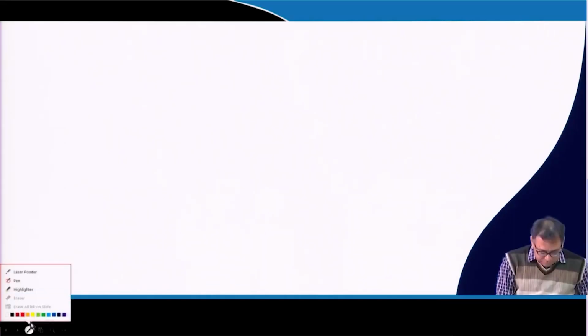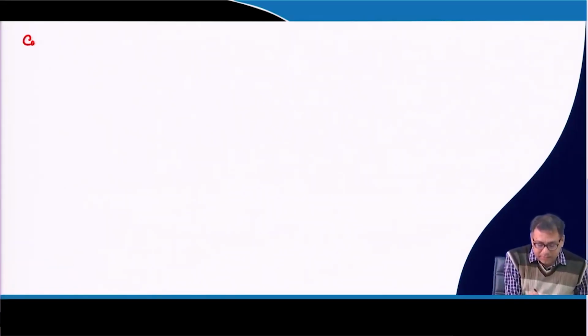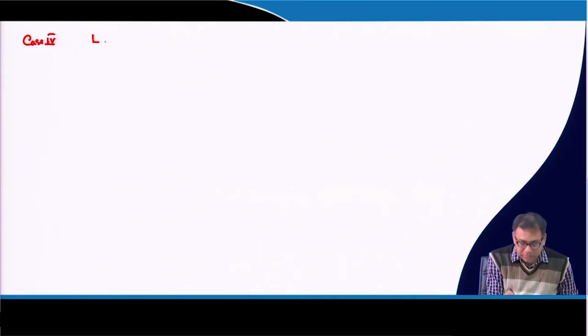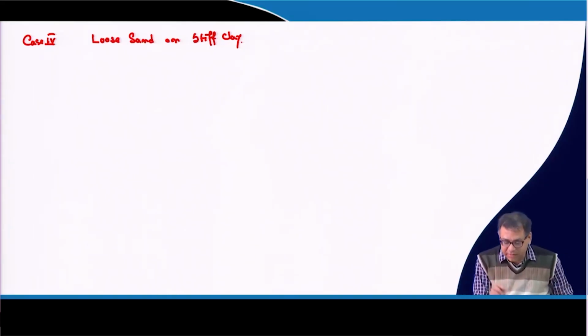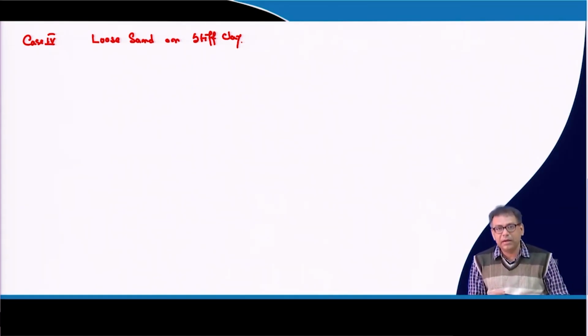So, now if I go for case 4 of that layered soil, where there is loose sand on stiff clay, that means here your top layer is the weaker layer and the bottom layer is the stronger layer, because in the previous three cases the bottom layer was always the weaker layer and the top layer the stronger layer, but this is the opposite case.